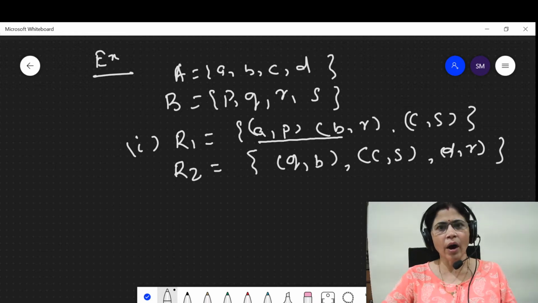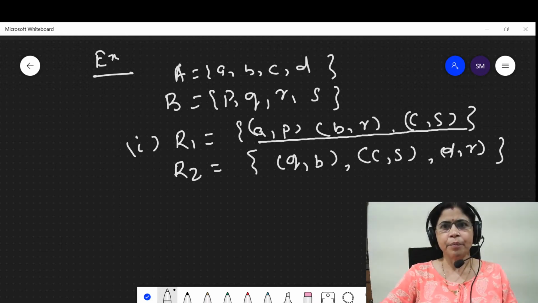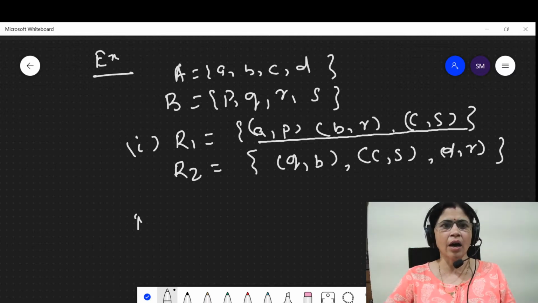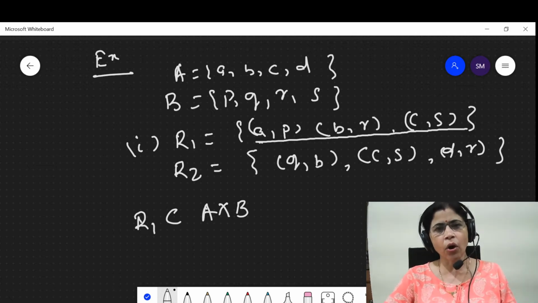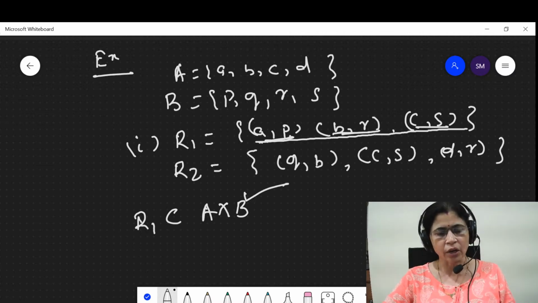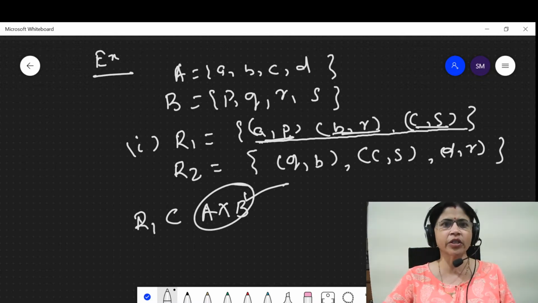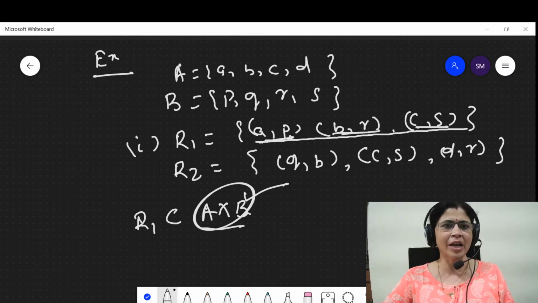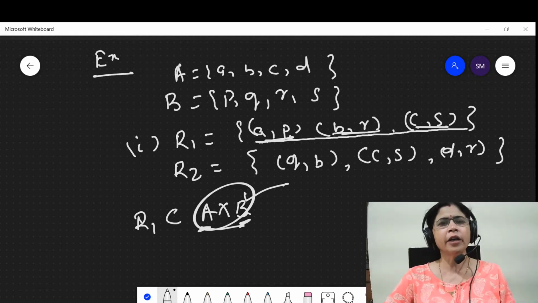Look here. R1 is AP, BR and CS. This means R1 is a subset of A cross B, because all elements of R1, AP, BR, CS belong to A cross B. Elements belonging to A cross B means the first component belongs to A and the second component belongs to B. Here in case of R1, look at AP.